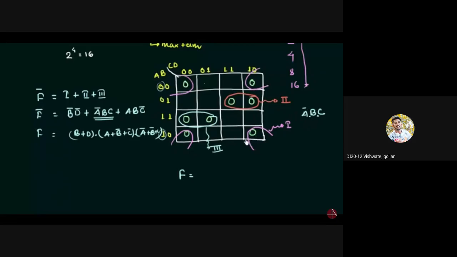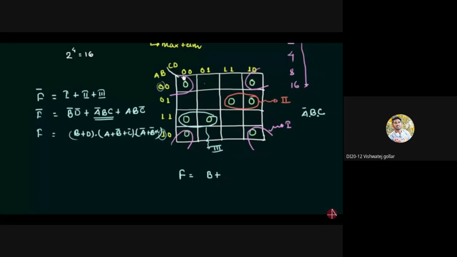In the first group, you can see that A is changing from 1 to 0, so it is not included, but B is 0. So I'm not going to write B as B complement, because it is 0, but I will write it as B. And I'm not going to use this AND operator, but I'm going to use this OR operator.